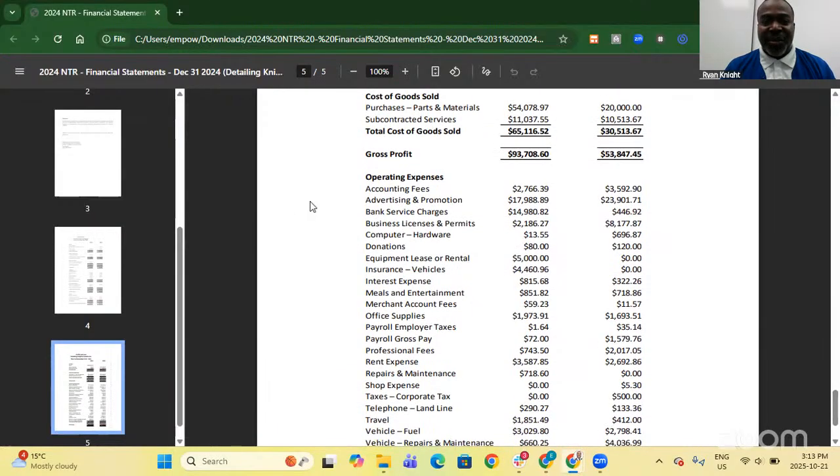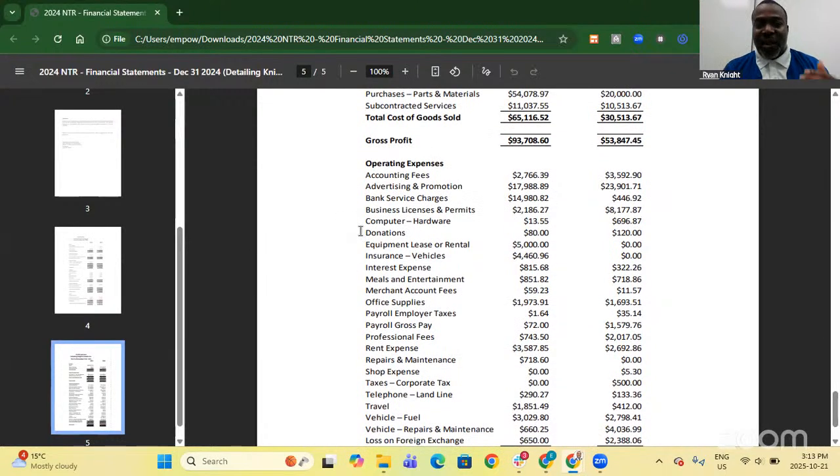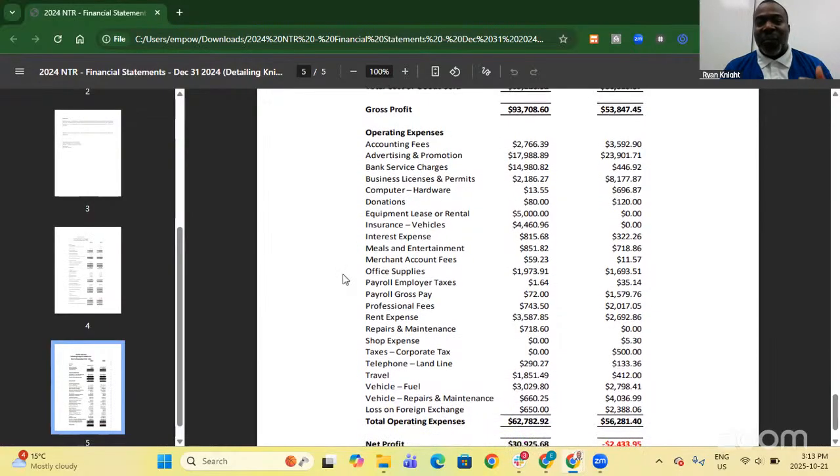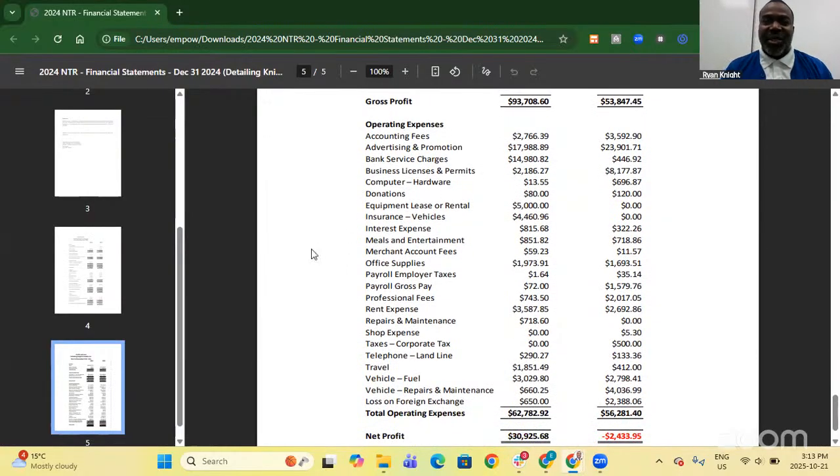But looking through, again, it's going to take into account accounting fees, your advertising, bank service charges, anything like if you're leasing equipment. So these are all the elements that it took to run the business. So now when we add up all the operating expenses, we would subtract that from the gross profit.